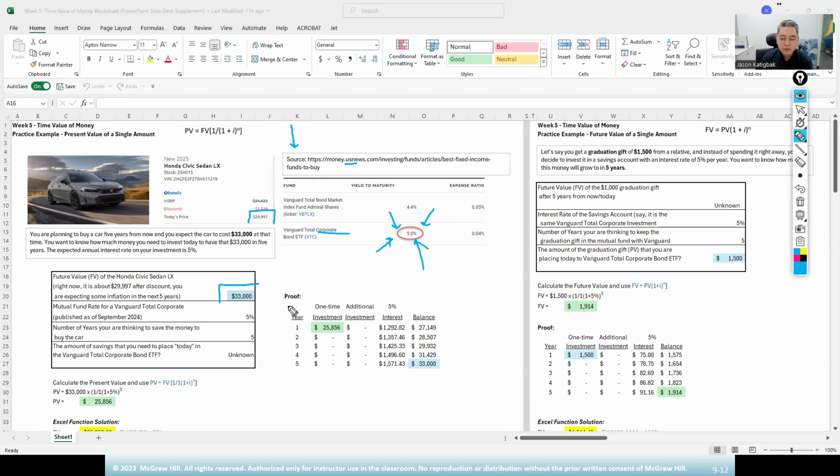So future value 33,000. The mutual fund from Vanguard at 5%. How long do I need? 5 years. So what is the amount that I need to place today in the Vanguard total corporate bond?